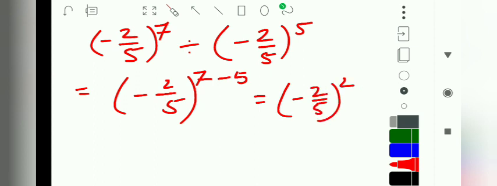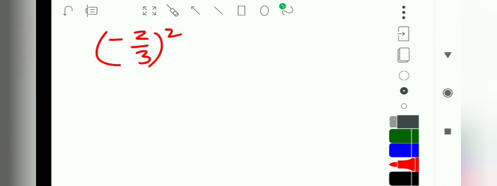Even power over a negative number. Odd power over a negative number.